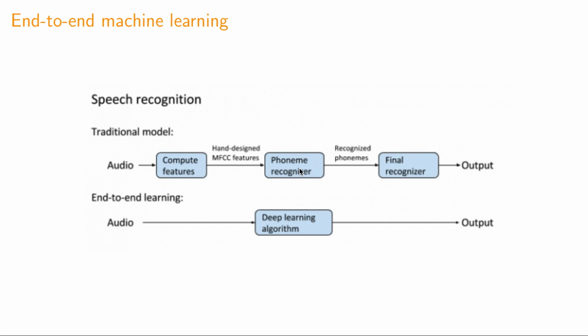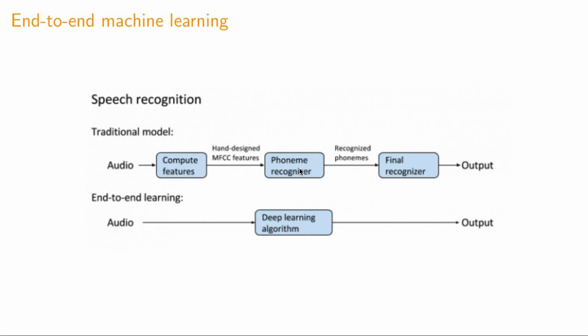So to explain the success of machine learning and deep learning in recent years, one component is probably enabling end-to-end machine learning. In the past, when we tried to tackle an application, we had to break it down into multiple smaller components. If we think about speech recognition, for example, audio first has to be transformed into a useful representation.